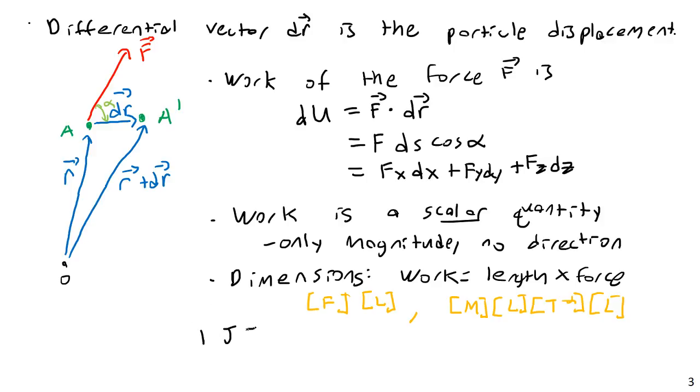Our standard metric unit for work is going to be the joule, and 1 joule is going to be equal to 1 Newton times 1 meter. We also want to be able to use English units here. That is one difference between your standard university physics and an engineering course.